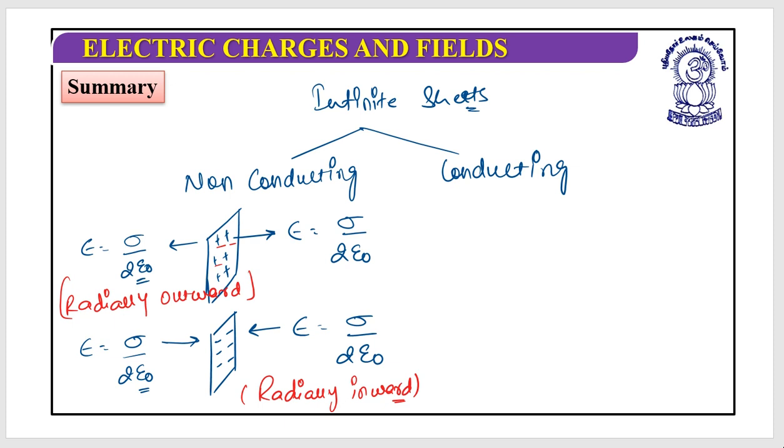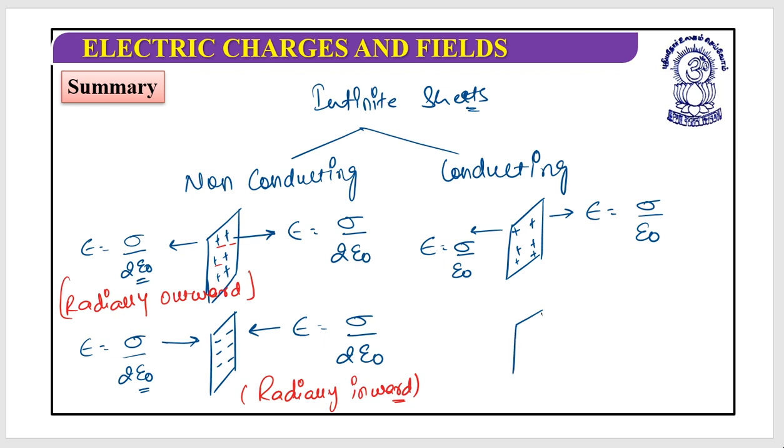Now let's look at the case of a conducting plate. Let's say a conducting plate is there, which is having a positive charge. Now the electric field will be sigma by epsilon naught. Let's look at the direction. It is radially outward. Here as well, the direction would be radially outward and the magnitude would remain the same.